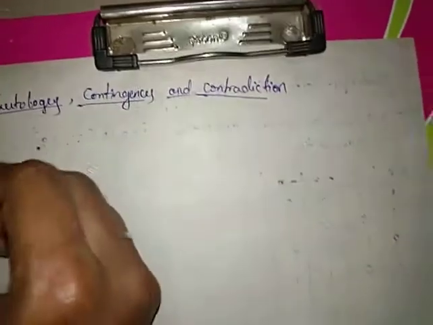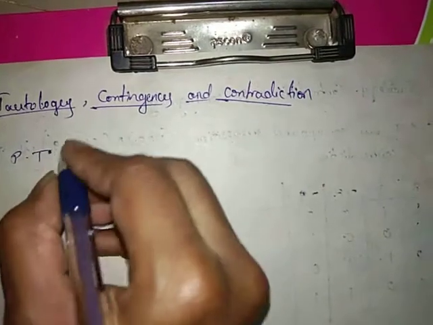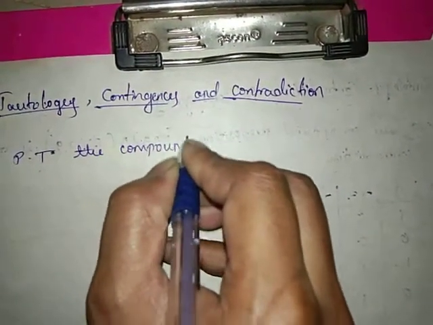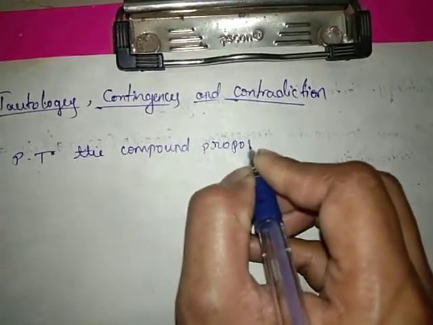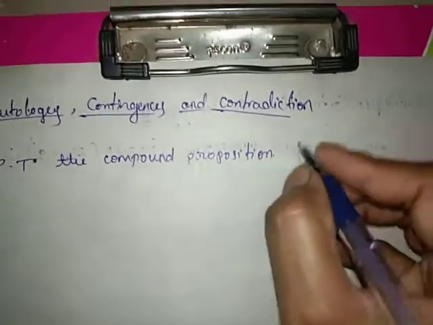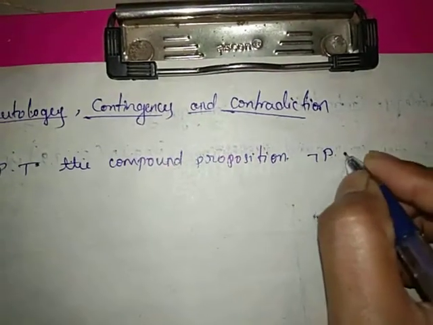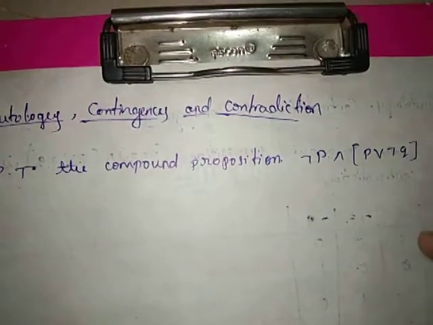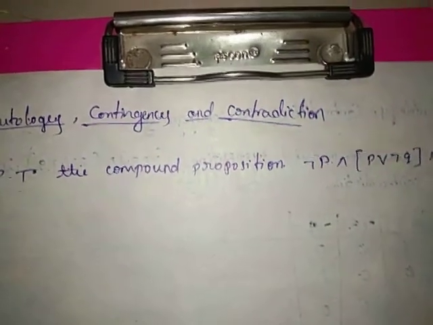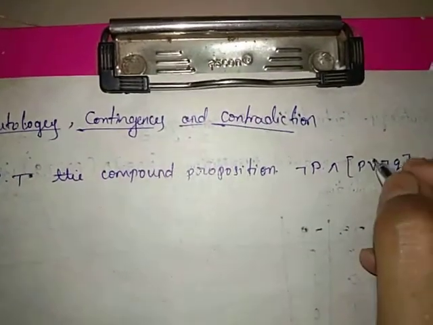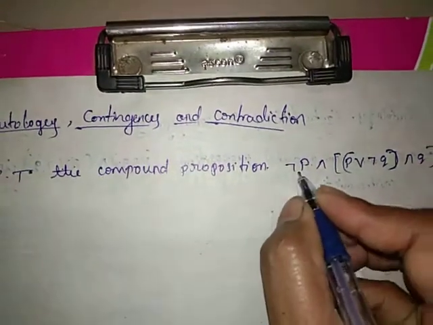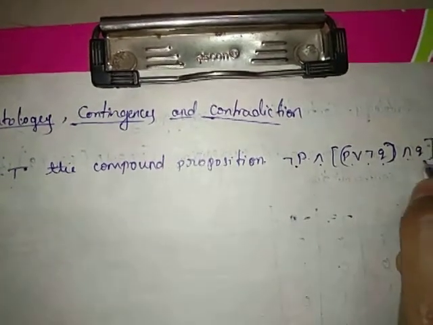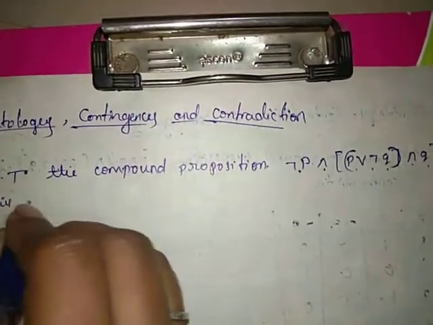Today I am taking an example. Prove that the compound proposition, negation of P and P or negation of Q and Q, is a contradiction.